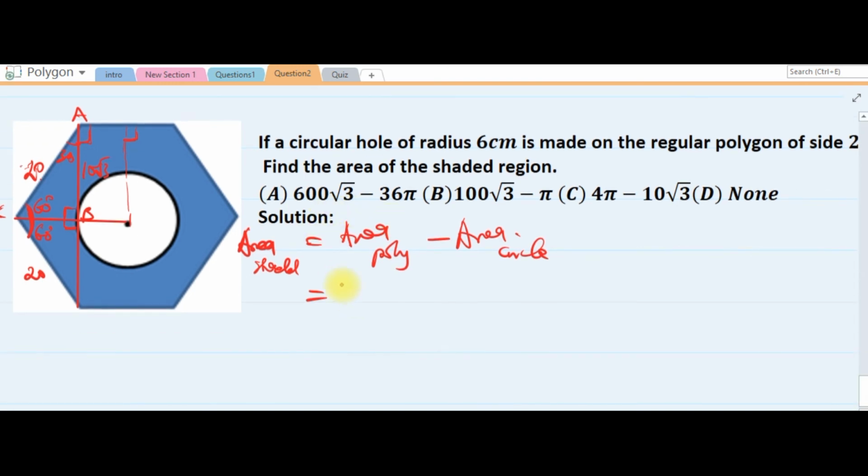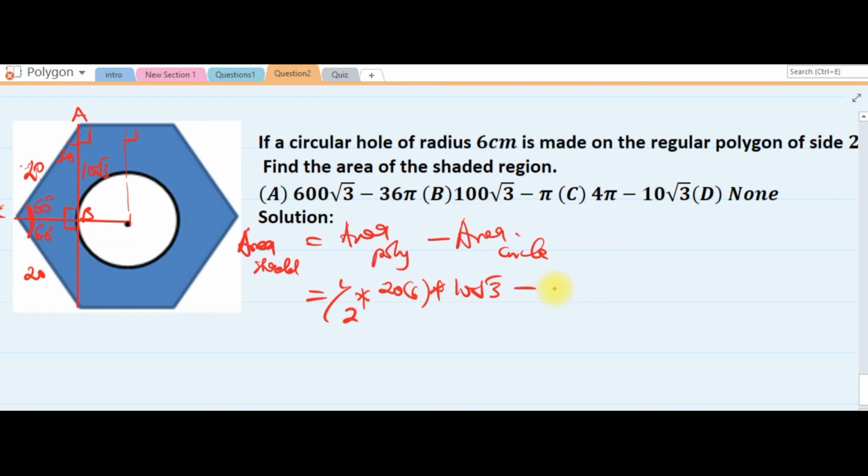So the area of a polygon is half times the perimeter times the apothem. The perimeter is the sum of the sides, and we know that each side is 20. So we have half times 20 times 6 times the apothem. The apothem is 10 root 3, as you can see from the diagram.